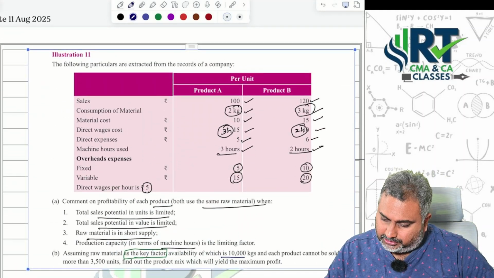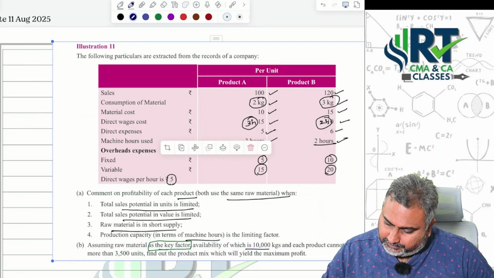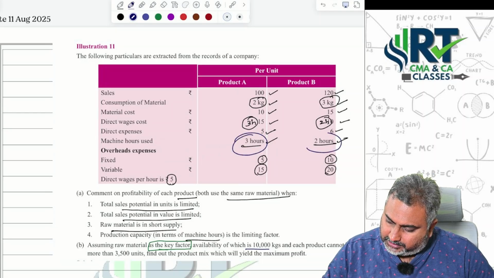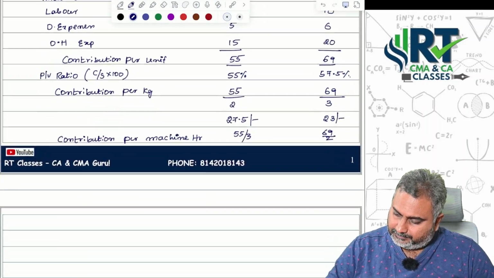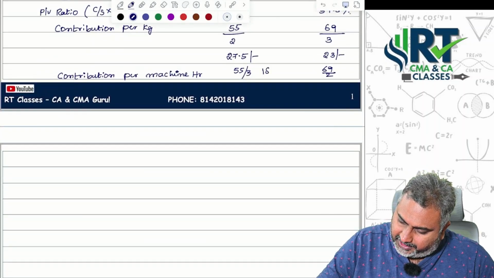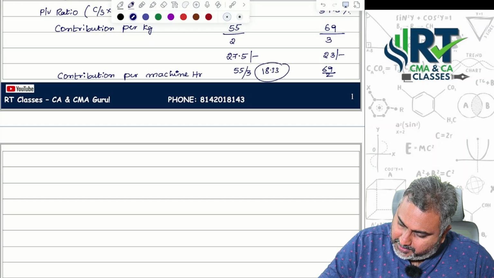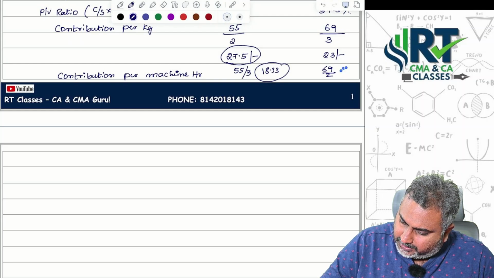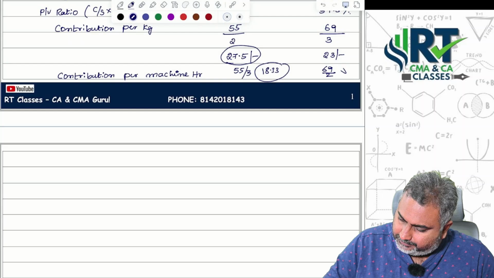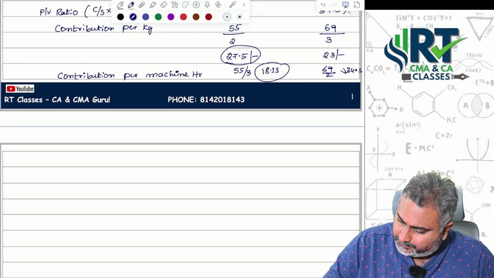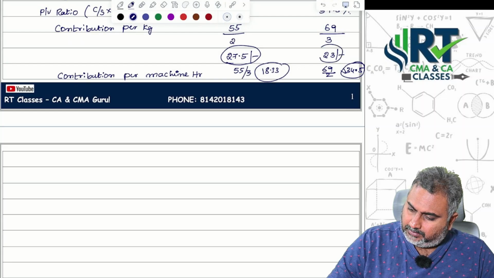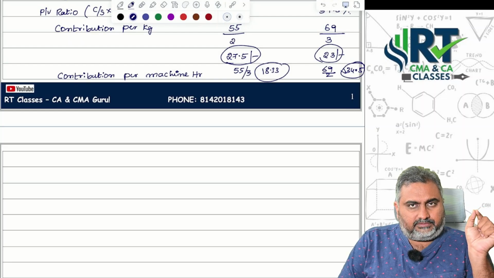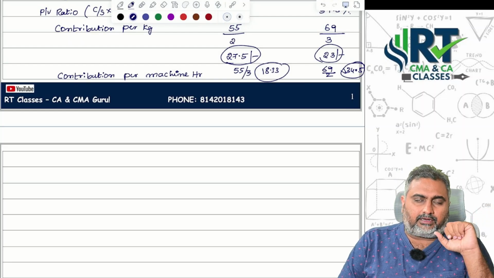See, sir, already given in the question. This is 3 hours, this is 2 hours itself. Then you are getting 18.33 here. This is 30. So we are ready with contribution per kg in case raw material is the key factor.